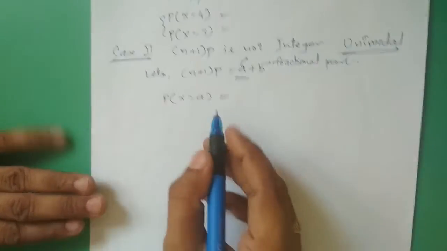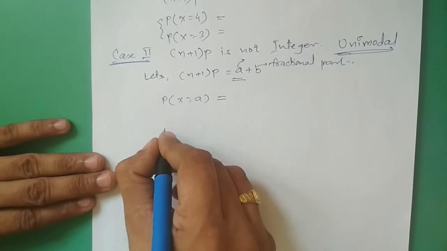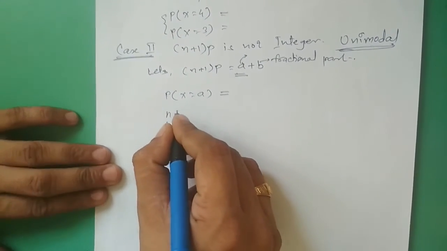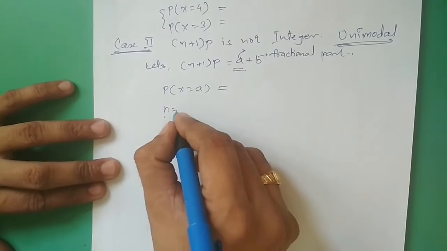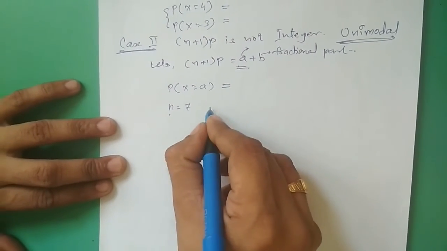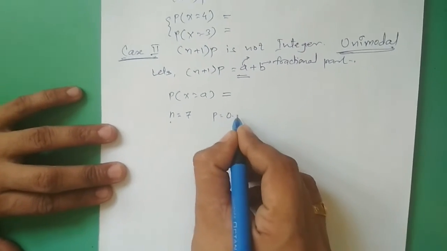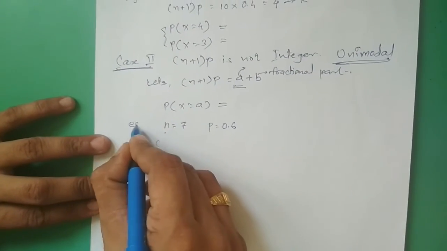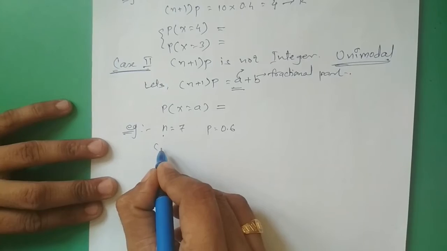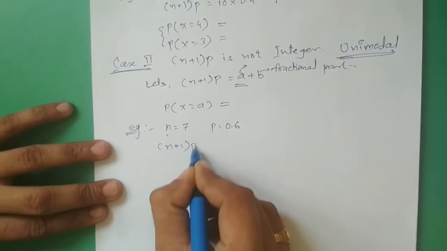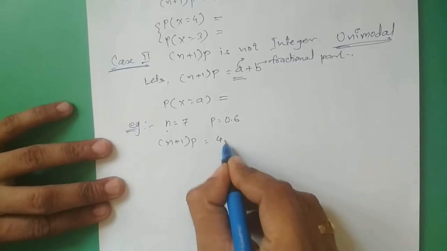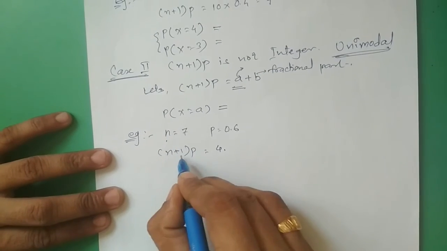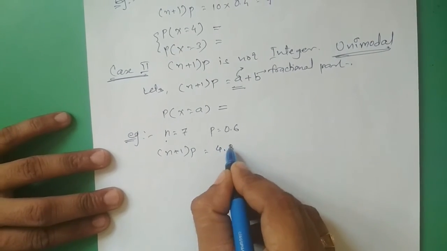So let's take an example, that n is equal to 7 and p is equal to 0.6. So what is (n+1) into p? 7 plus 1 is 8, into 0.6, which is equal to 4.8.